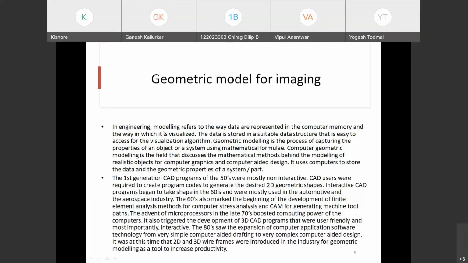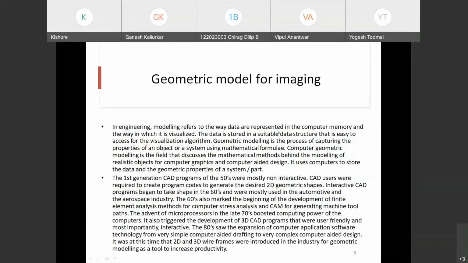In engineering, modeling refers to the way data are represented in the computer memory and the way in which it is visualized. So when we talk about modeling, strictly speaking, it refers to the way in which data is represented to you on your screen, as well as how it is represented in the computer's memory.